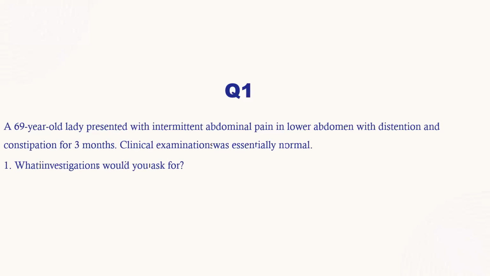And then PR, what would you look for in PR? I'll check for a mass, sir. Mass per rectum. Then what else? Look for evidence of blood, either in the form of fresh blood or melena. Yes, okay, right.